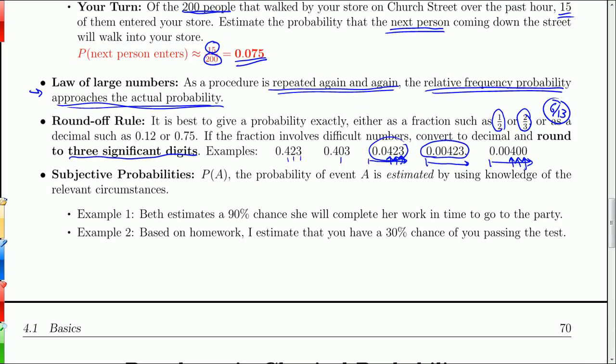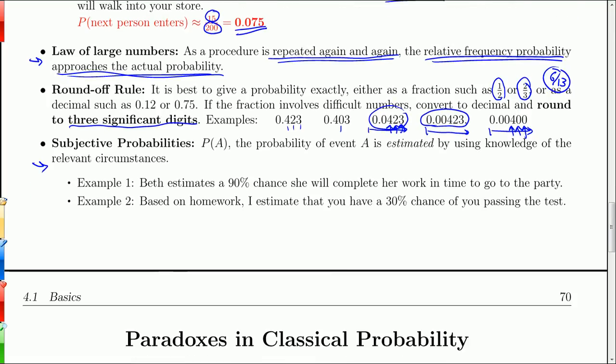Subjective probabilities are just more of an estimate based on some information you have, and it's subjective, meaning you don't really have any scientific background for it. So, an example of that is Beth estimates that there's a 90% chance she will complete her work in time to go to the party. What she's probably saying is, I'm pretty sure I can get done before the party, right?